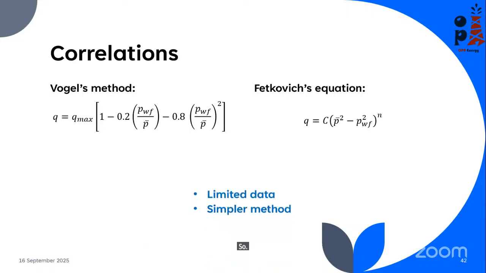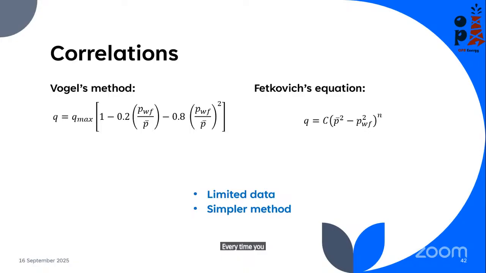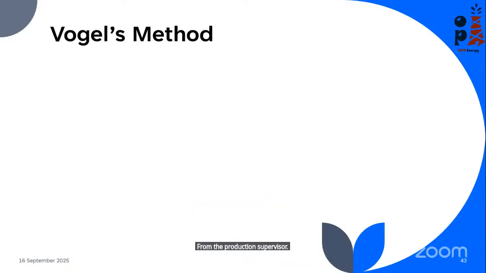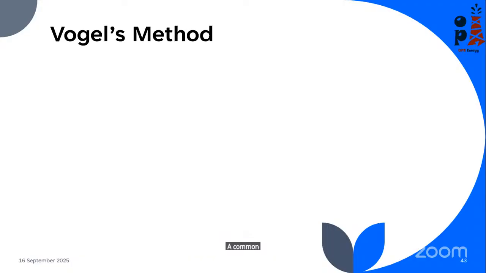So we use it when you have limited data and want a simpler method, and you can update every time you get a new surface test or a test from the oil field from the production supervisor. Okay, we'll go a little bit deeper with the Vogel method, which is more common and more frequently used in the oil field.